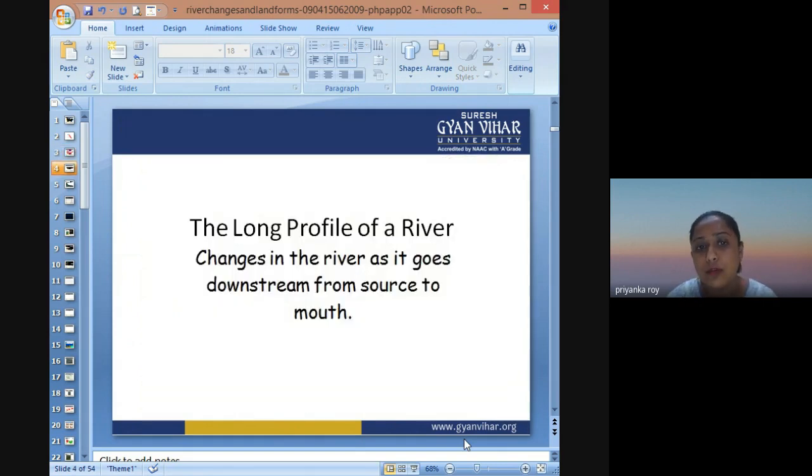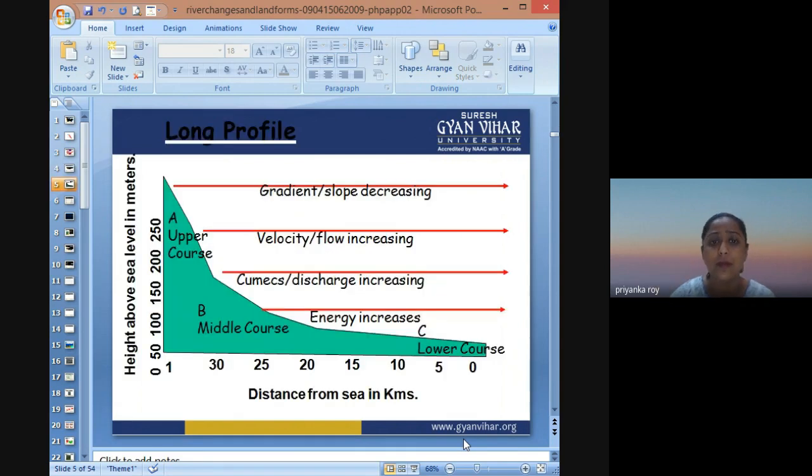Now the long profile of the river shows the change in the river as it goes down the stream from the source to the river mouth. Like here, if you see, A is the upper course of the river, point B is the middle course of the river, and point C is the lower course of the river.